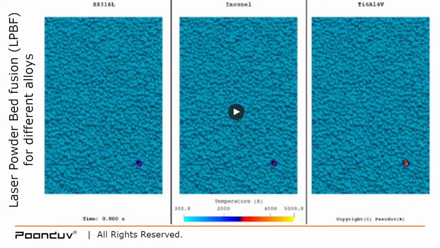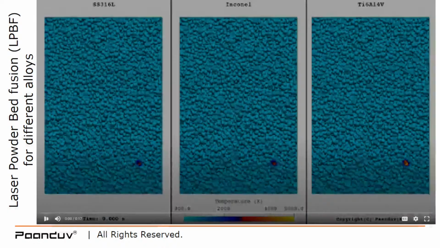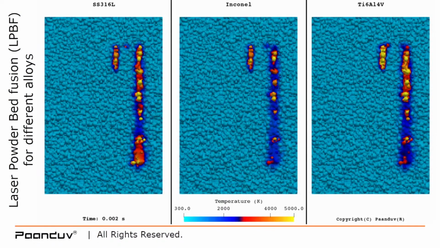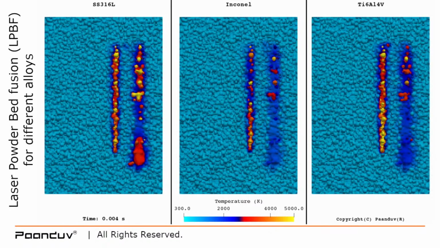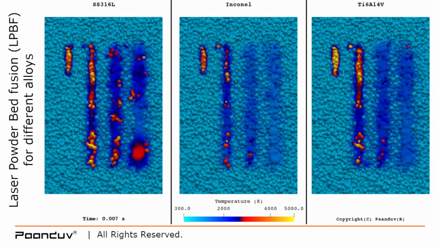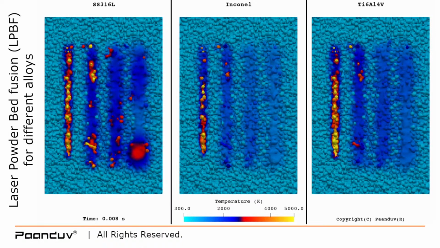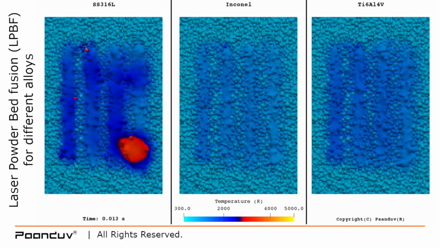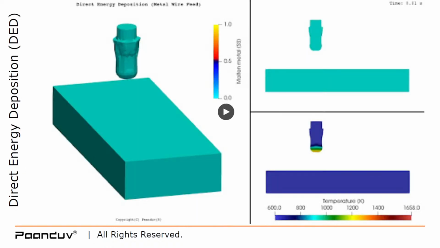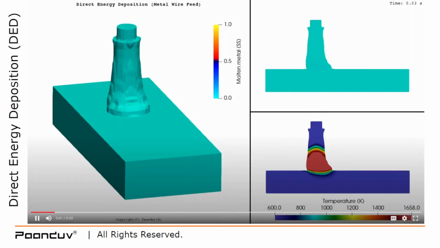So we'll start with the laser powder bed fusion, more commonly known as the LPBF process of 3D printing, for 3 different alloys. Next, I will show you a video of direct energy deposition, a wire-fed direct energy deposition.